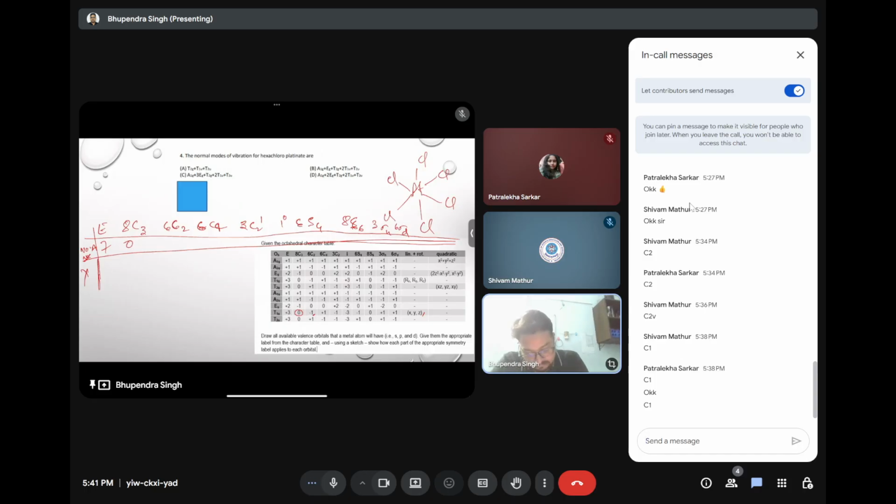So for C2, okay, try to tell me how many atoms will not change if you apply C2 in this molecule.